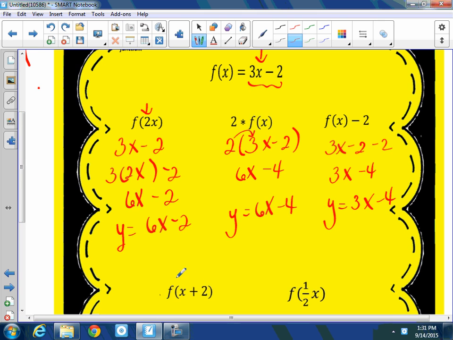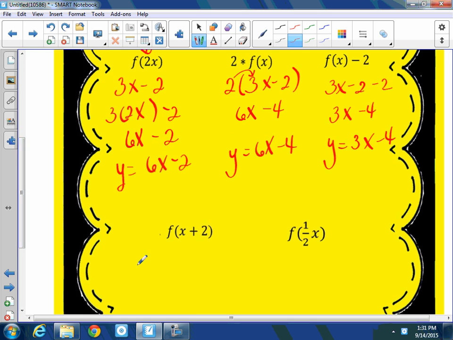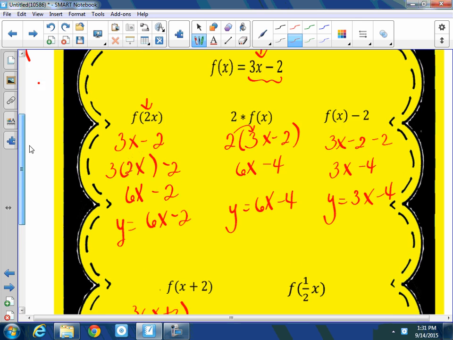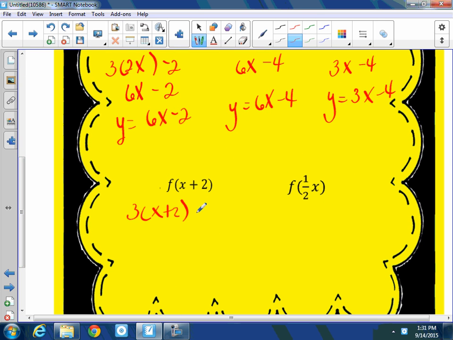So now I'm going to take this x plus 2 and put it in where the x is. So it becomes 3 times x plus 2, minus 2. So this is 3 times x, 3x, 3 times 2, 6.